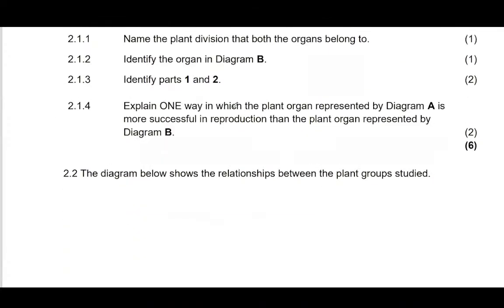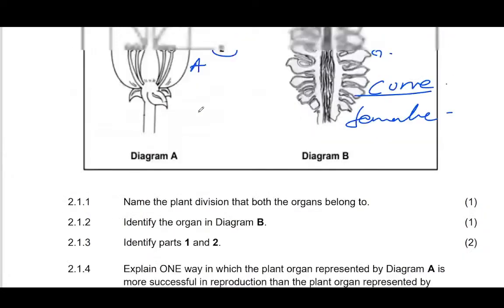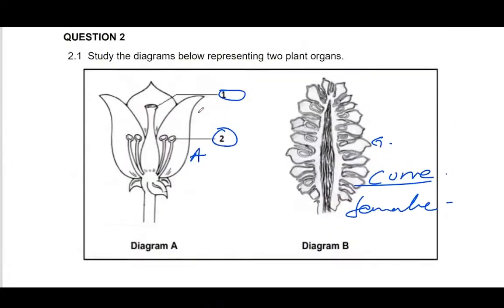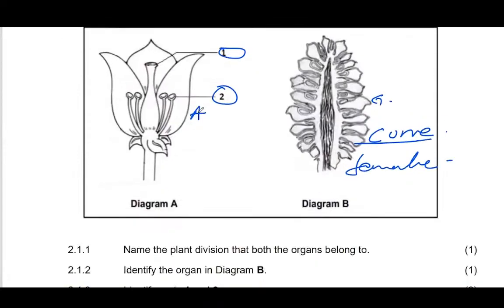Explain one way in which the plant organ represented by A is more successful in reproduction than the plant organ labeled B. How is plant A able to become more successful than plant B? If you look at plant A, here we are talking about reproduction.